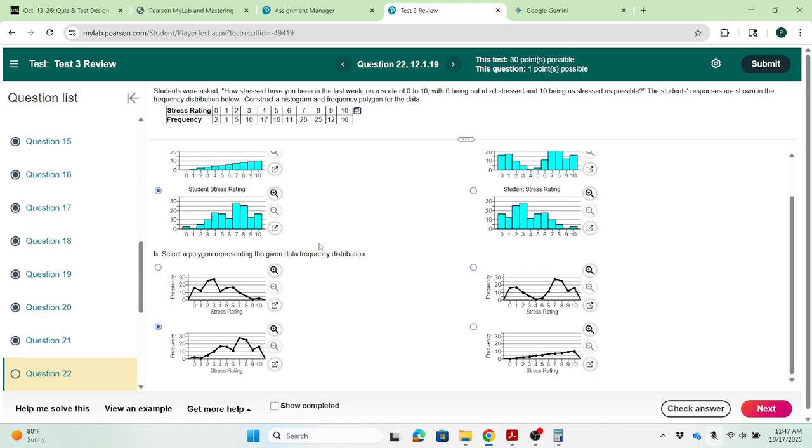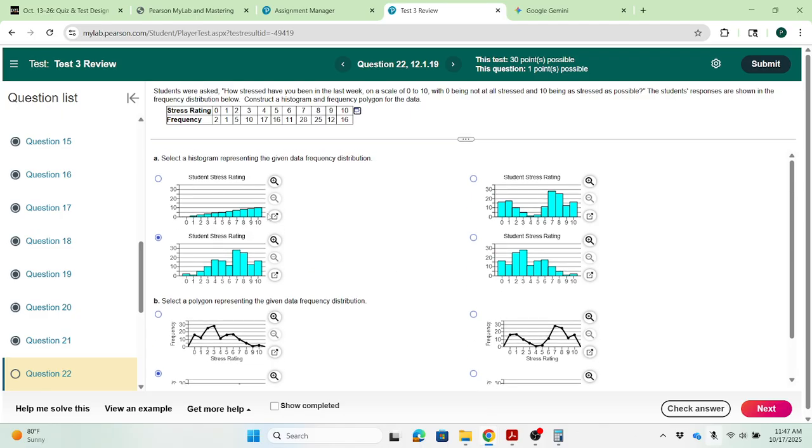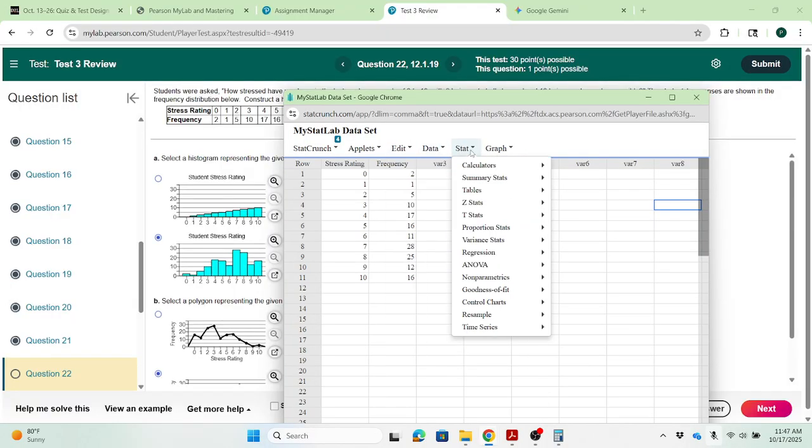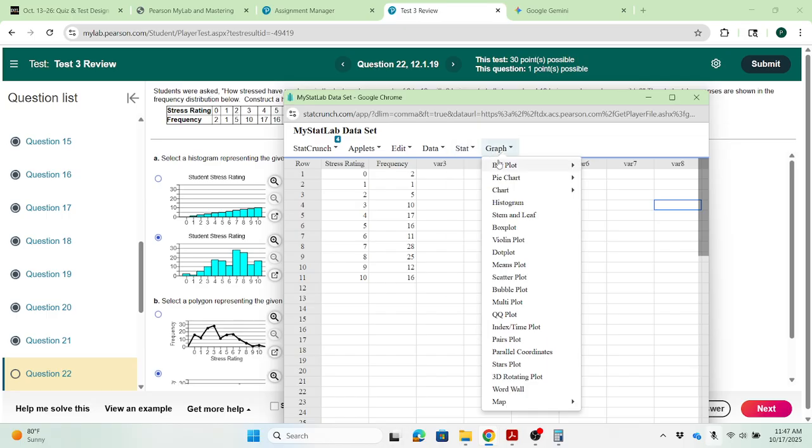For finding this same histogram using StatCrunch, I found a way. You go to Stat, then Graph, then Bar plot with summary. This is the summary, not actual data.